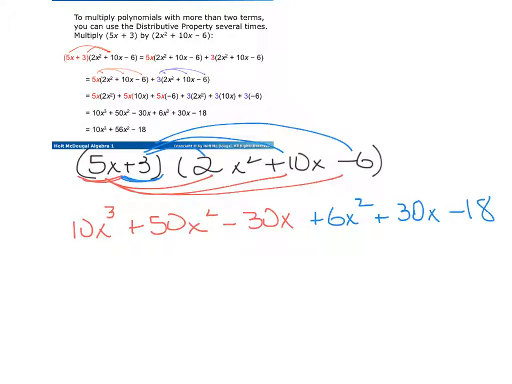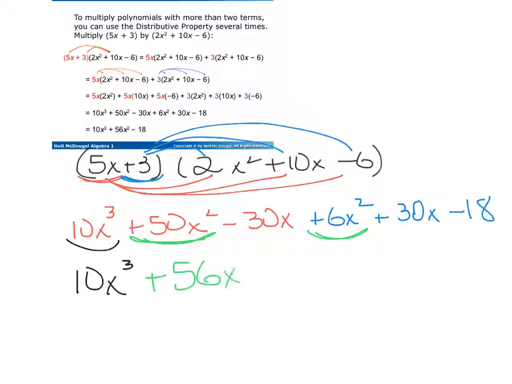Now, when we're doing a binomial times a trinomial, there's going to be more than just 2 terms to group. Notice I only have x to the 3rd, so I'm going to rewrite that one. But when I go back and look for my x squareds, I have a 50x² here and a 6x² here, so those will get grouped together.